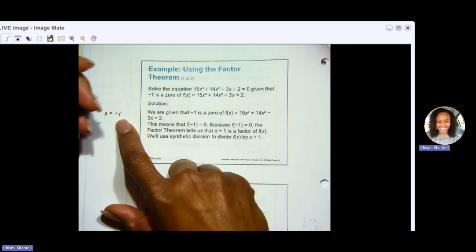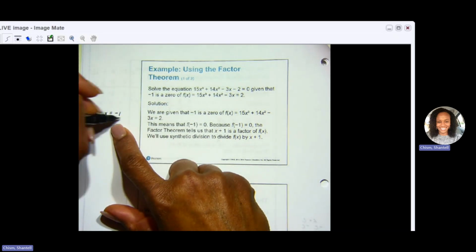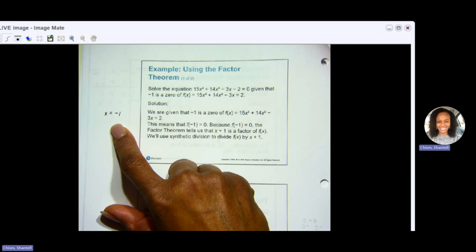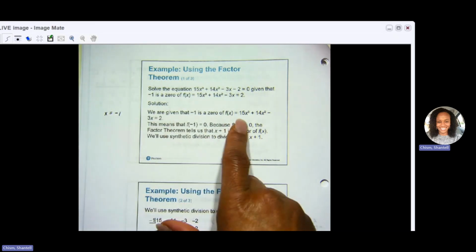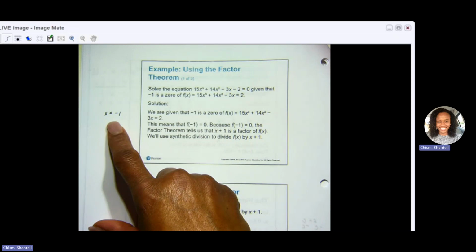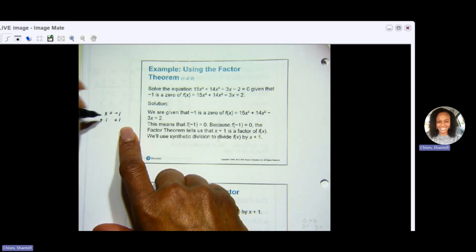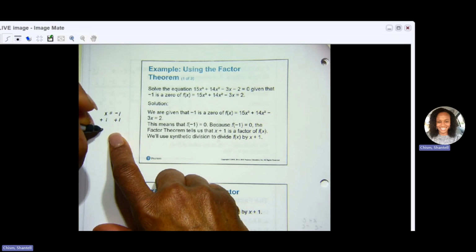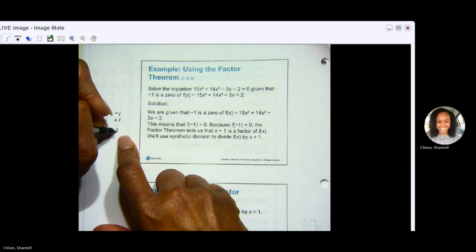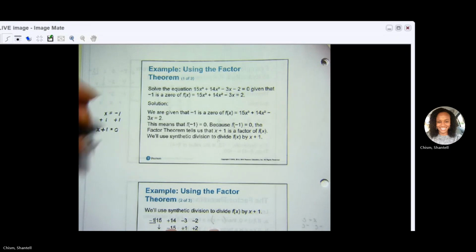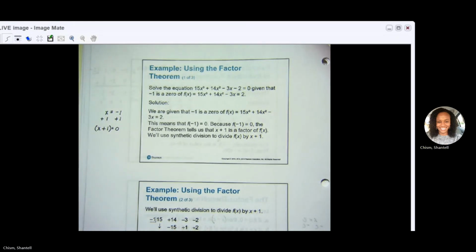So if x equals -1, we can then take that and create a binomial factor for this function. Right now it's written as a solution. We can take that 1 over with the x and write it as a factor and say x plus 1 equals 0. So now we have created a factor, okay?